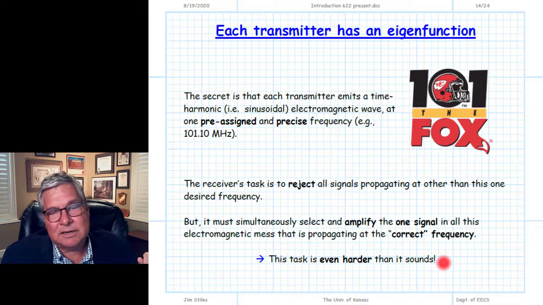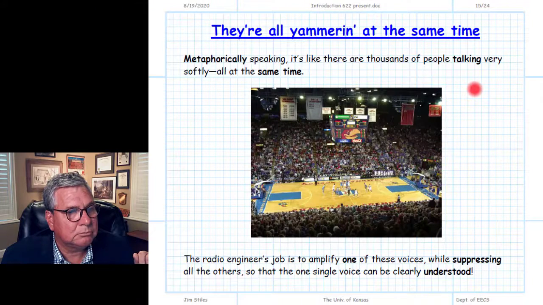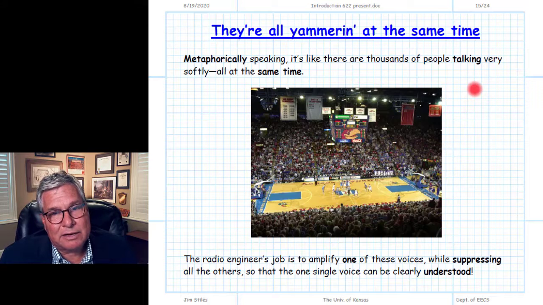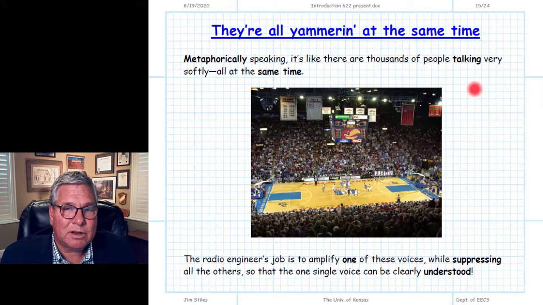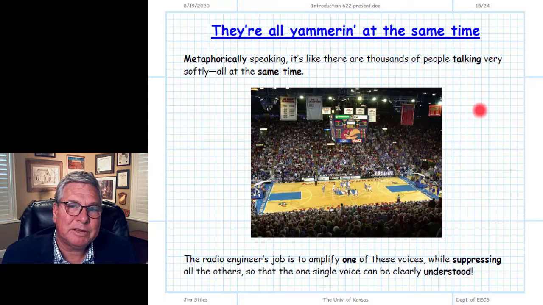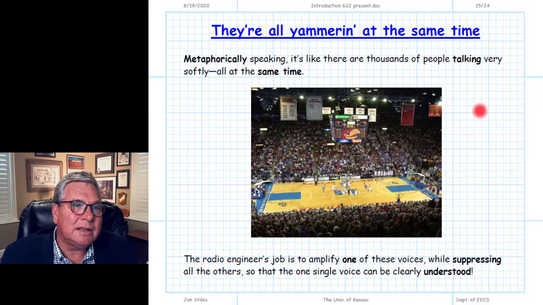So this is a hard task. The reason that's a hard task is there's so many transmitters that are out there. Certainly nowadays, as we've talked about, there are literally millions of devices out there that transmit electromagnetic energy, if not tens or hundreds of millions of devices that are.